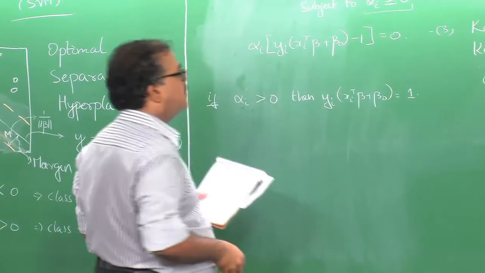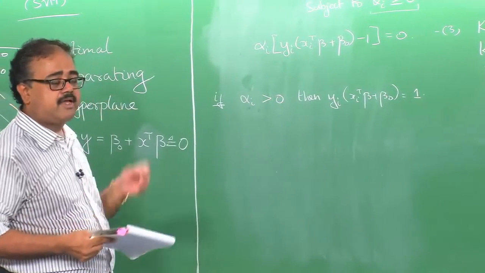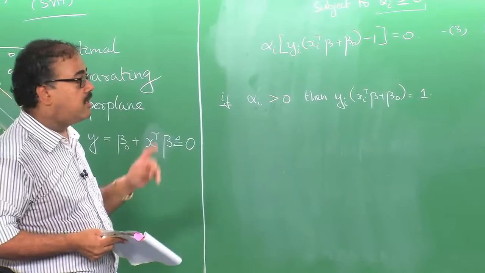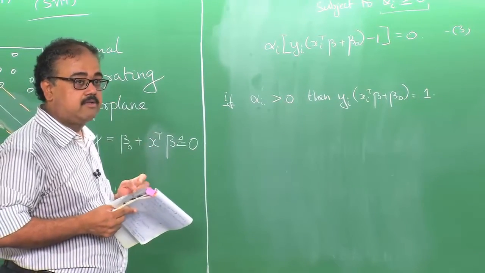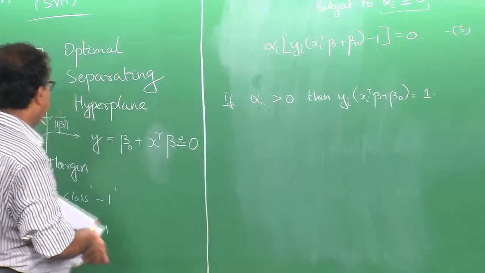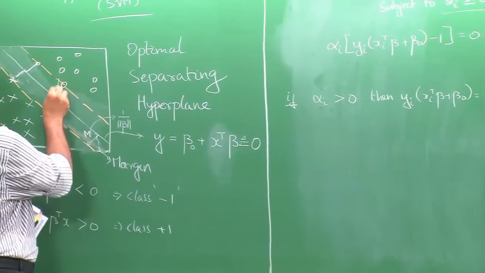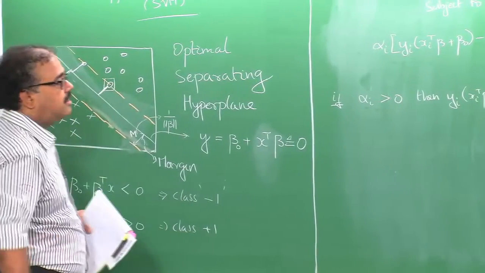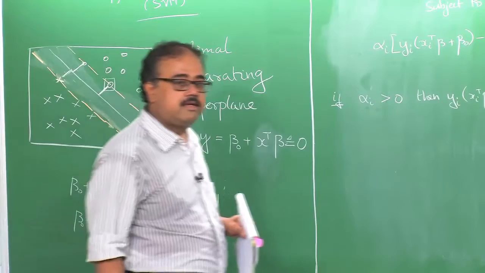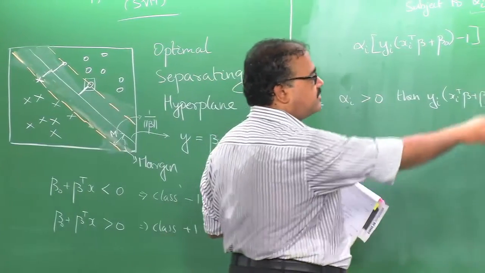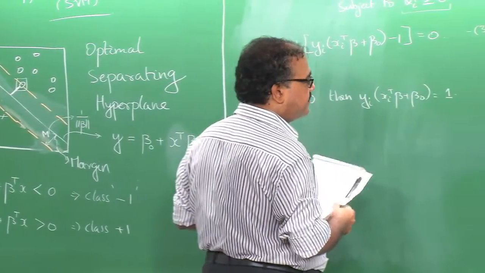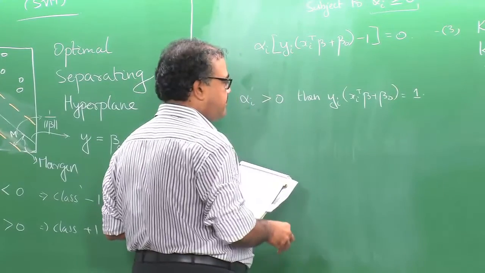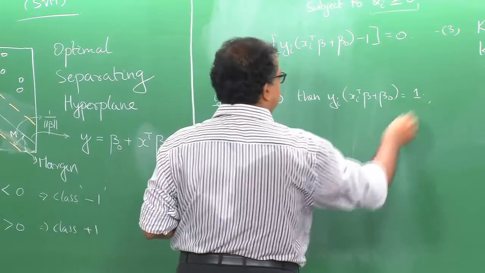That means y i times (x i transpose beta plus beta naught) should be 1. What does that mean? It means that it is exactly on the edge of the margin, because greater than or equal to 1 is what we needed to satisfy. So, when it is equal to 1, that means it is exactly on the margin.